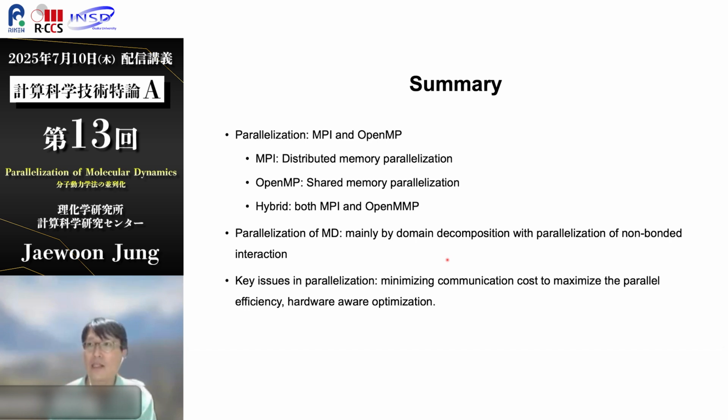Yeah, this is the summary. Basically, we can consider parallelization with MPI and OpenMP. MPI is mainly used for distributed memory parallelization, and OpenMP is used for shared memory parallelization. And you can consider hybrid parallelization by combining MPI and OpenMP.